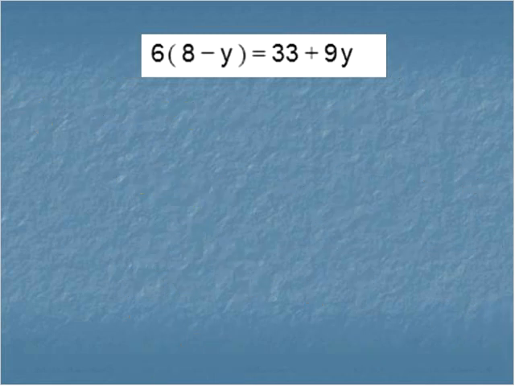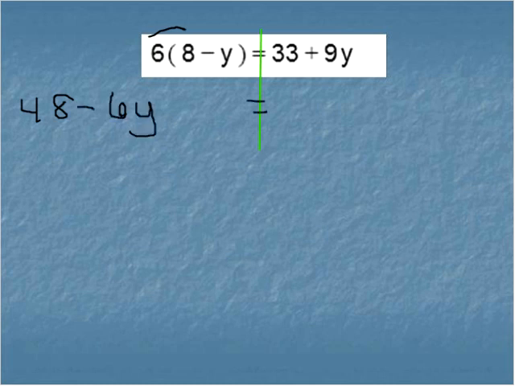For the next one here, let me start by just separating my two sides. And I'm going to simplify again, so let's distribute the 6. 6 times 8 is 48. 6 times negative y is a negative 6y. Right, I don't have any more simplifying to do, so let's move my variable.